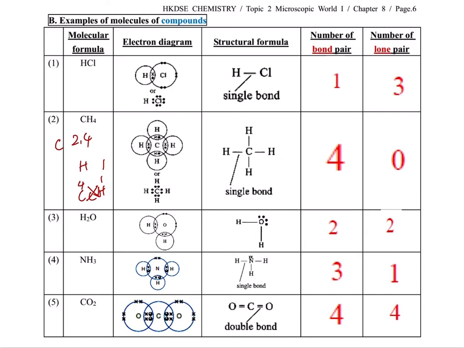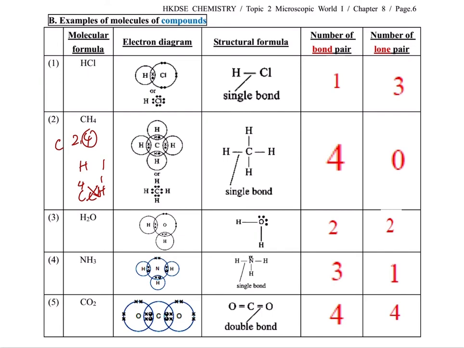When we were teaching ionic bonds, some of you asked me whether carbon can form ionic bonds. Because it has 4 electrons, it is difficult for it to gain 4 electrons or lose 4 electrons by forming ionic bonds. So for carbon, it mostly forms covalent bonds, only sharing of electrons.